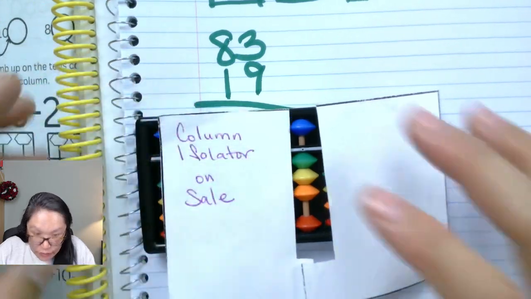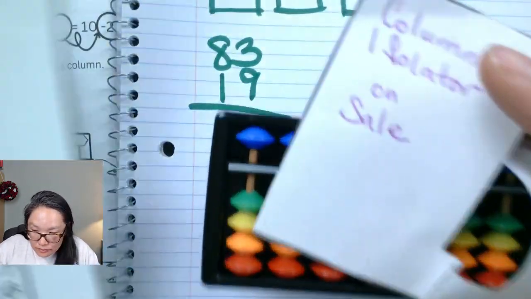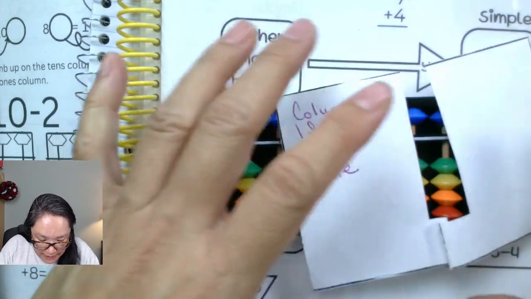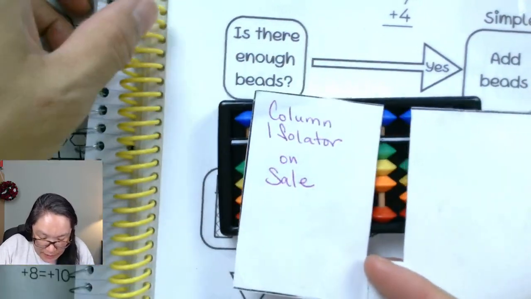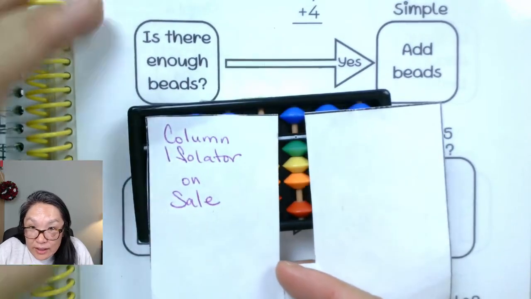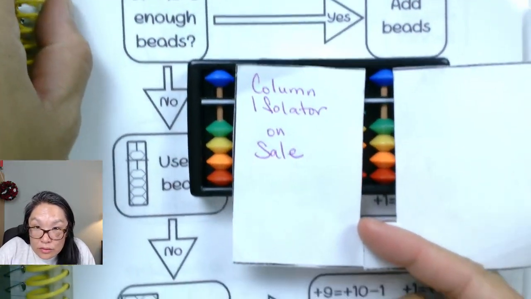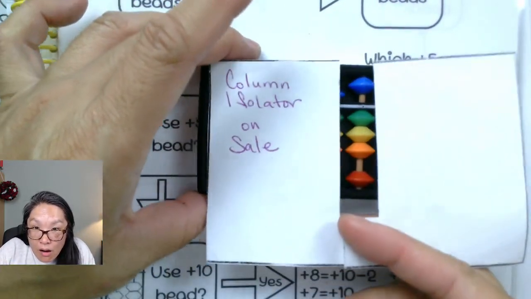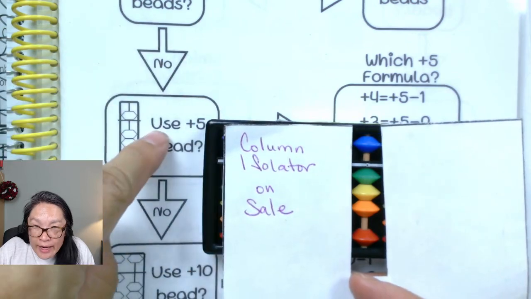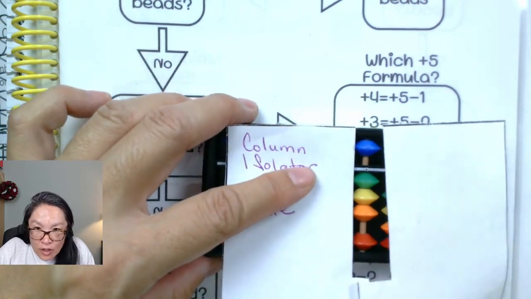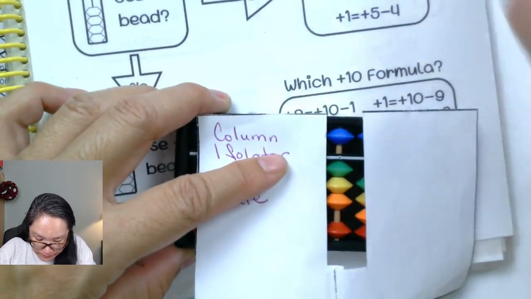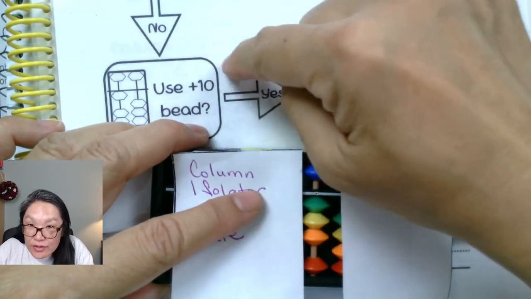What do I do? I need to plus the 9. Is there enough beads to plus the 9? Yes or no? No. Can I use the 5? No, I can't use the 5. I have to use the 10.